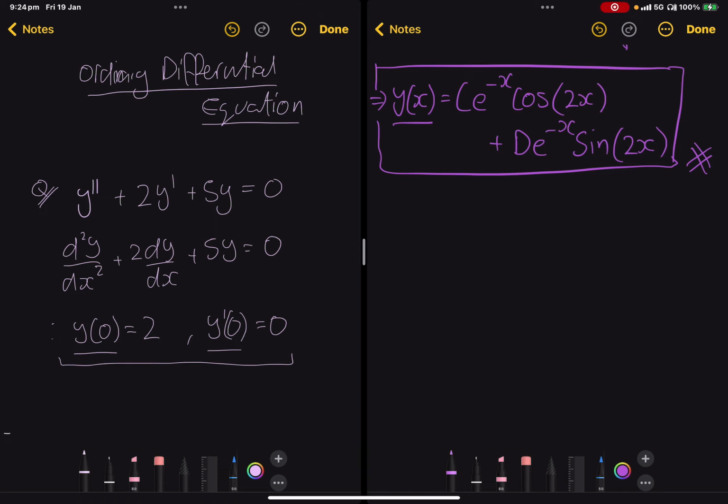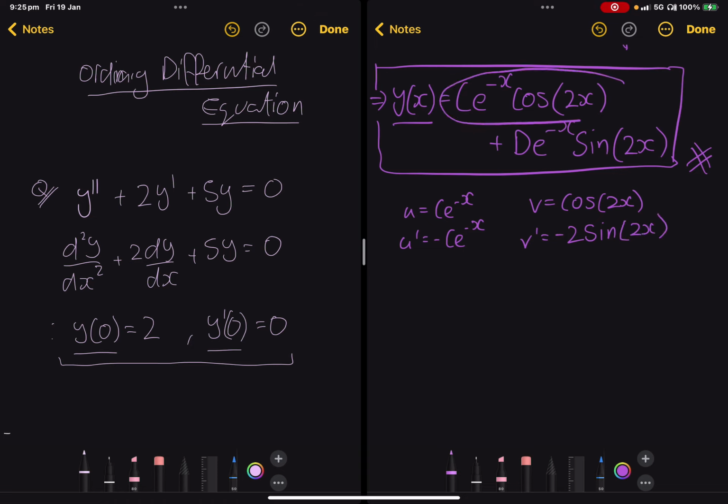So if this is our function, we are going to have two product rules. So the first one, u will be c e to the minus x, u prime will be minus c e to the minus x, v will be cosine 2x, v prime will be, cosine becomes minus sine, minus 2 sine 2x. So this is the derivative just of the first part.